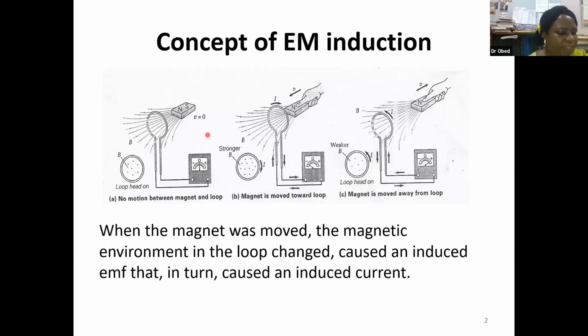But if we look at the other diagram, you see that the magnet is moved towards the loop. You can see that the distance is now closer. The distance between the magnet and the loop is nearer than it is in A. So if the magnetic field changes with time, and if the wire loop moves into or out of, or is rotated in the field, a current is produced in the wire.